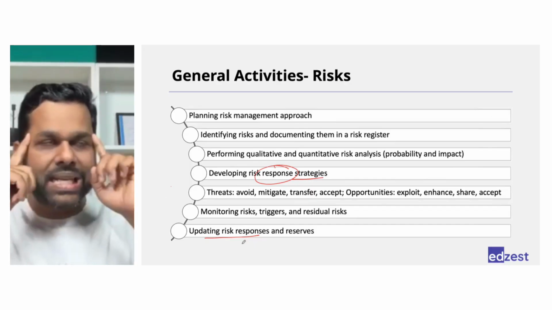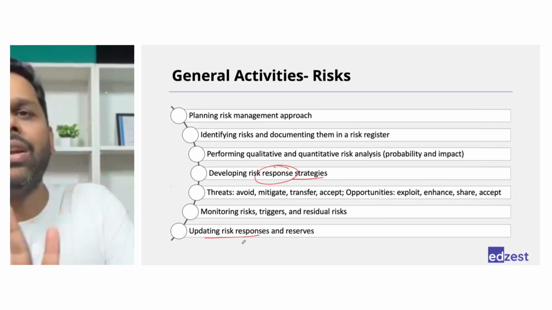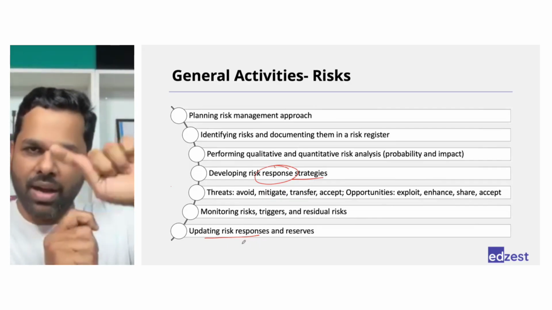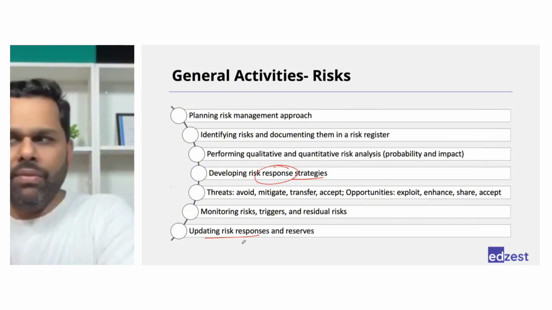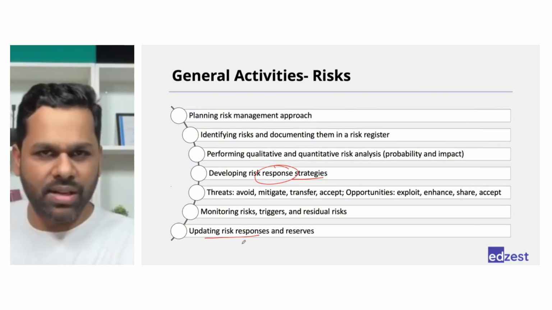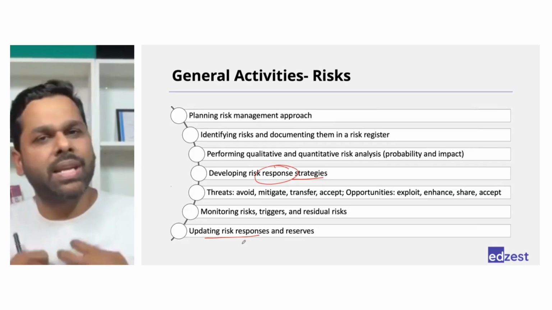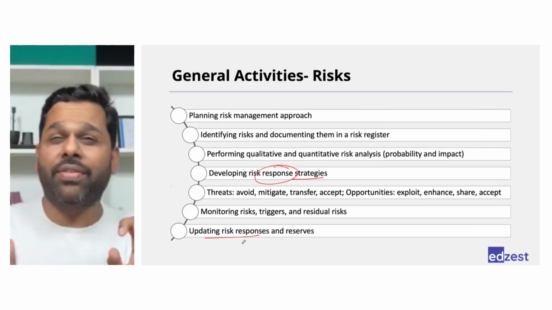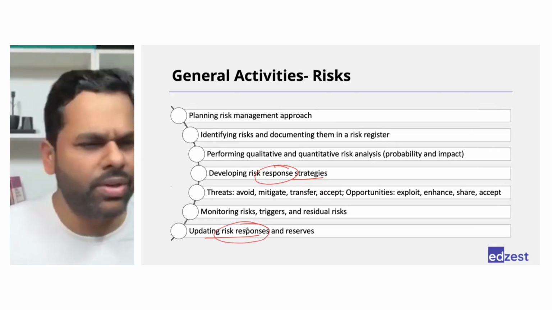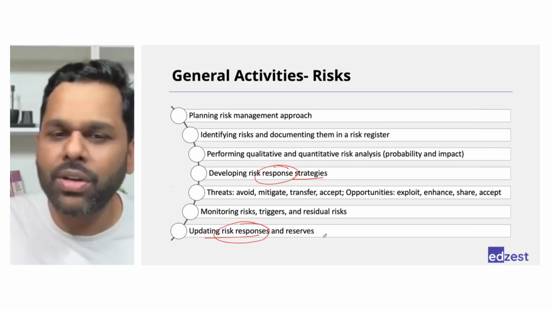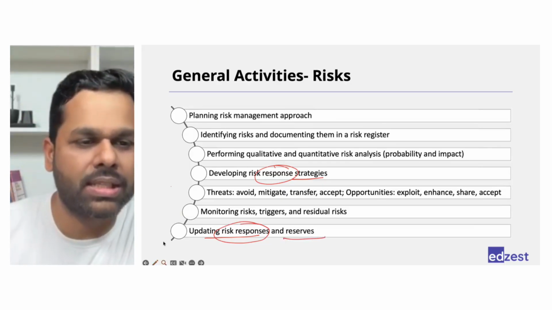The mindset is that I'll welcome the change, but I'll always check whether this change is really needed or not. In the traditional approach, I will run it through integrated change control, all those approvals and everything. In agile, we'll discuss as a team, and the product owner will take a decision for new changes. But the mindset should be that yes, there will be change in the project. I should not get frustrated with changes. So if you need to update your risk responses, do it. If you need to update your plan, do it. If you need to update your contingency reserves, do it. That's how you manage risk in the project.